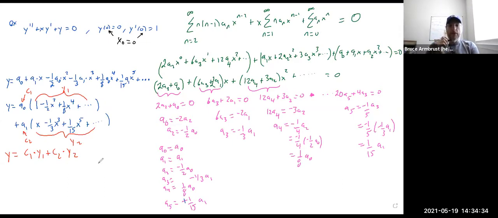But one thing for sure we're going to want to do is see if we can spot patterns here. See if we can spot what the relationship is, so that we know what the next term is, so that we can actually write it in series form. Because then if we write it in series form, we have the solution. We have all infinite number of terms in our polynomial.